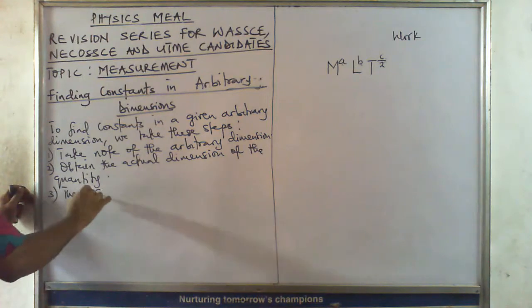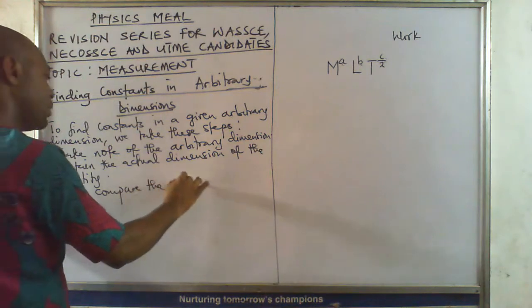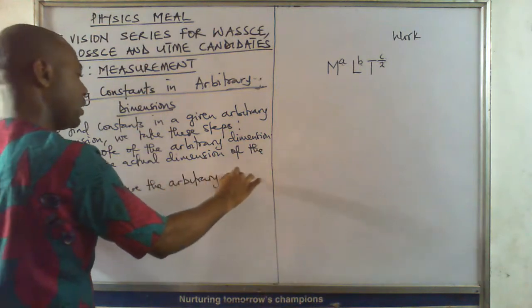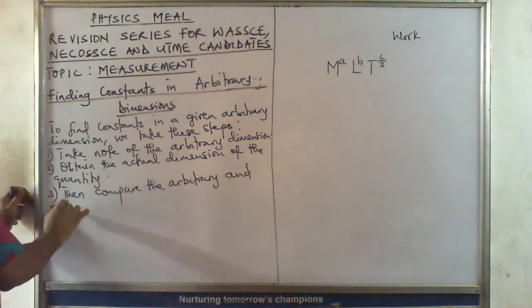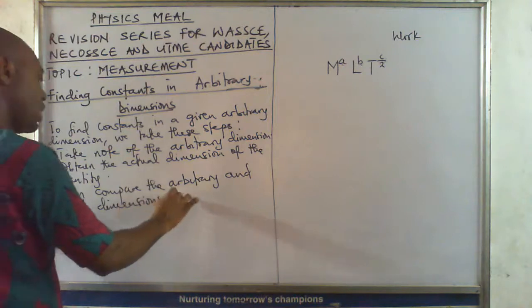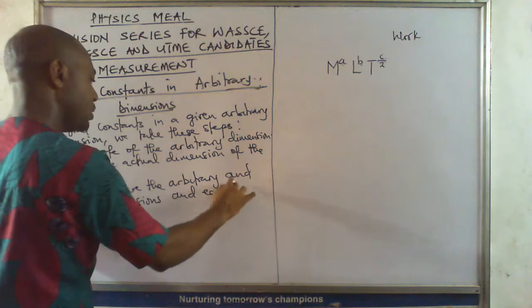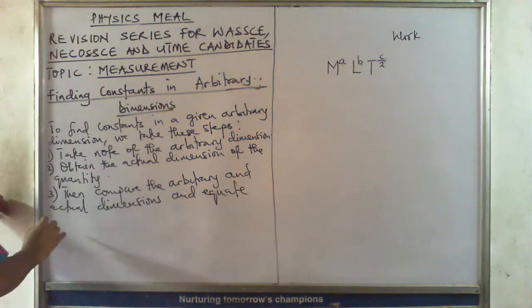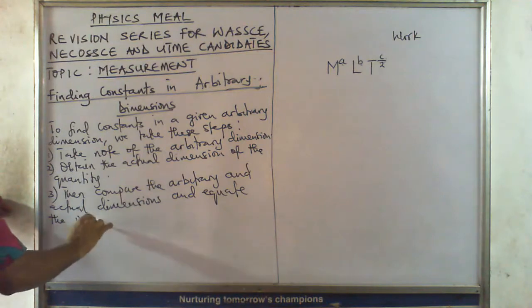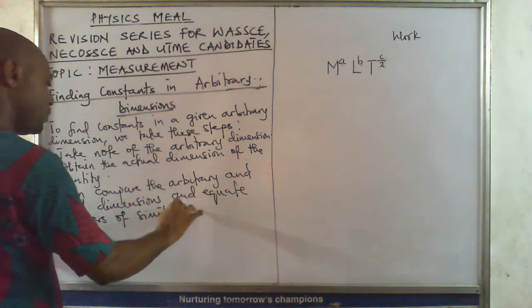3. Then compare the arbitrary and actual dimension, and equate the powers of similar terms. 4.